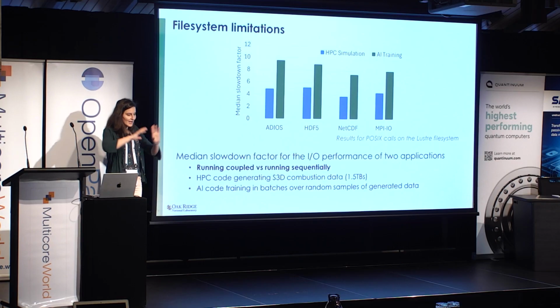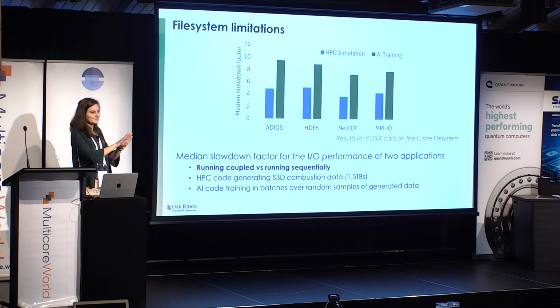So the slowdown is basically this: you have a large-scale simulation that generates data, and you time it by itself in isolation, and then you run the AI by itself, reading this data and training a model.